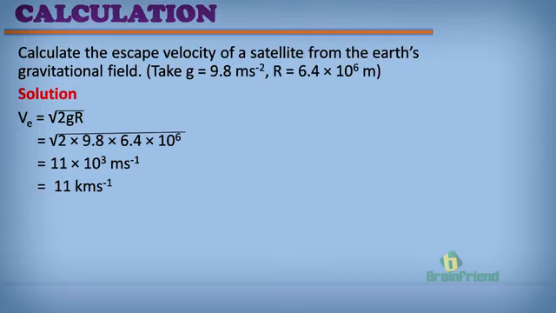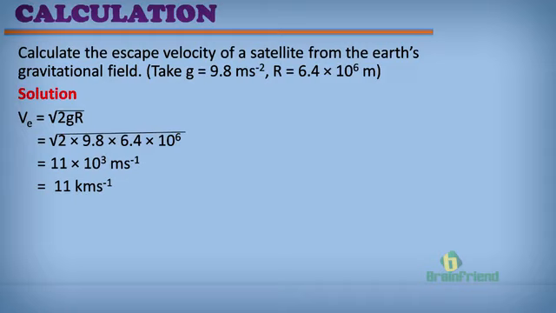Let's look at this calculation involving escape velocity. Calculate the escape velocity of a satellite from the Earth's gravitational field. Here we are given that g is 9.8 meters per second squared, and the radius of the Earth is 6.4 times 10 to the power 6 meters. Now V, as we know, is root 2gR.